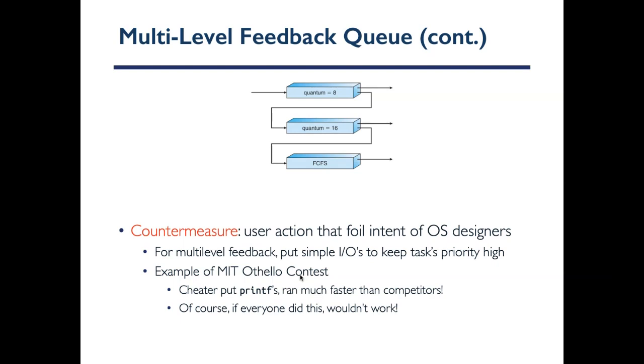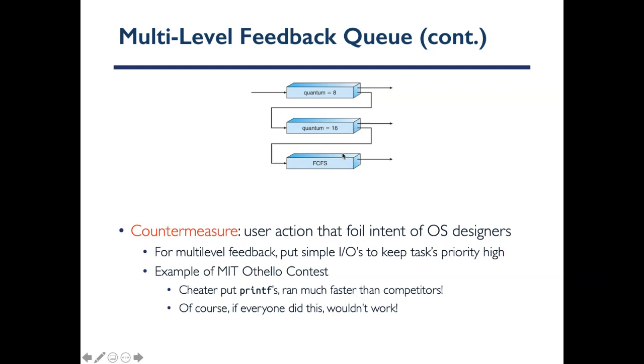This was automated: each group had their code, and then the codes were competing. They're all put on the same machine, and they're using the same resources in that machine to make a decision to play the game. So some of the groups knew that this is the scheduling policy that is being used.